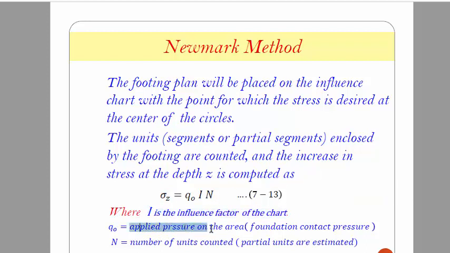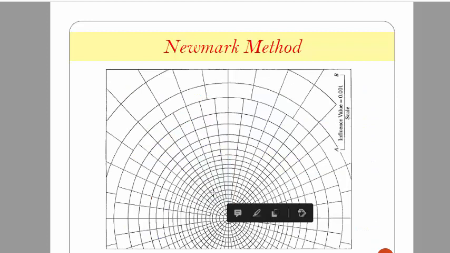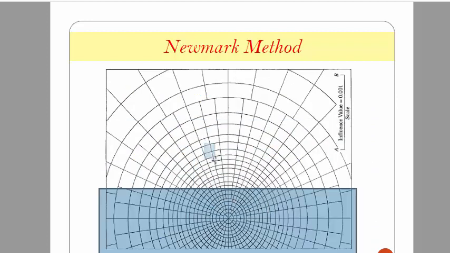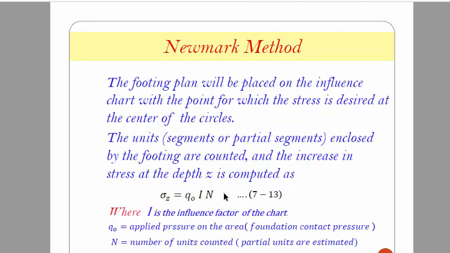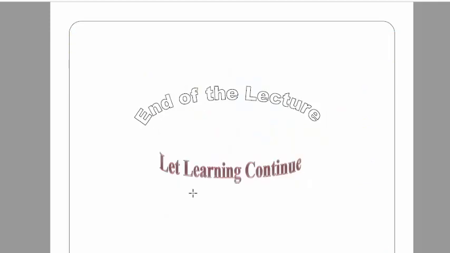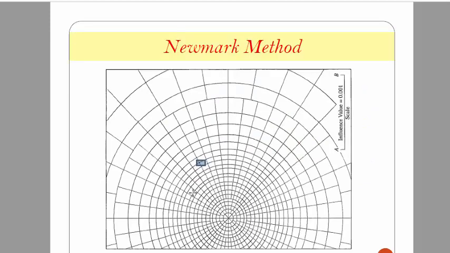Q0 is the applied pressure on the area, the foundation contact pressure. N is the number of units counted. Remember, student, suppose we count the number of units, 1 2 3 4 5 6 7 8 9 10 11. So N is 11, and Q0 is 50, say for example, and calculate the vertical stresses from the Newmark's chart.